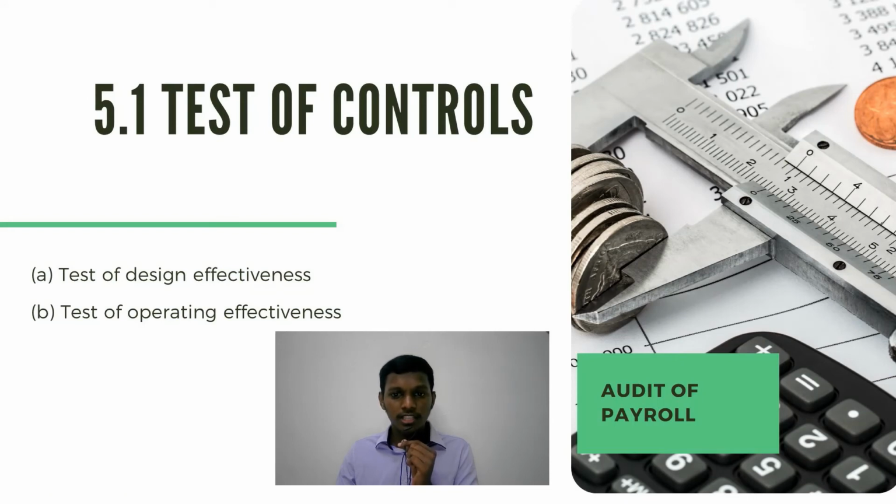For test of design effectiveness, auditors use understanding of the information systems and internal control specific to the client to determine the effectiveness of controls over payroll. However, for the test of operating effectiveness, the payroll is prone to overstatements in payments to fictitious employees. Next, payment for overstated hours and payments for overstated days.